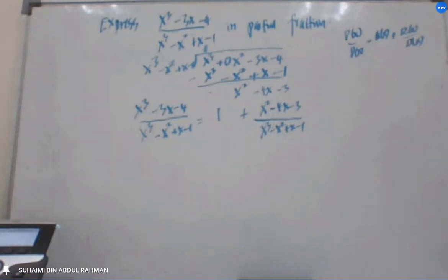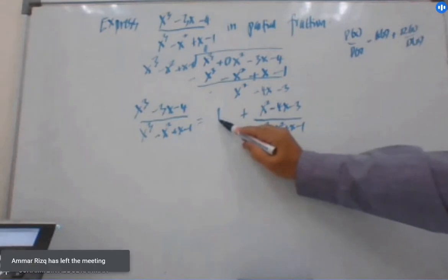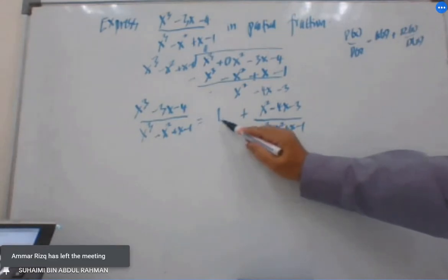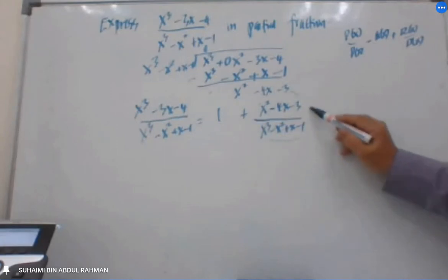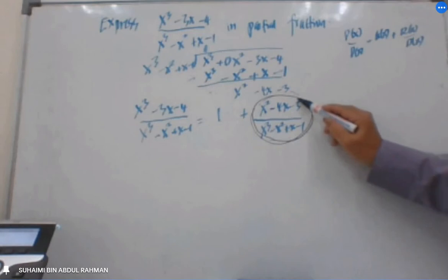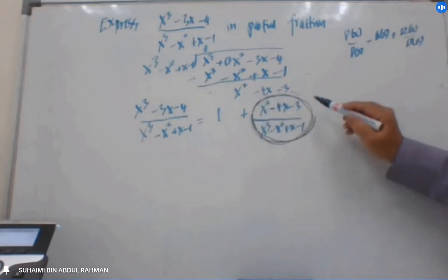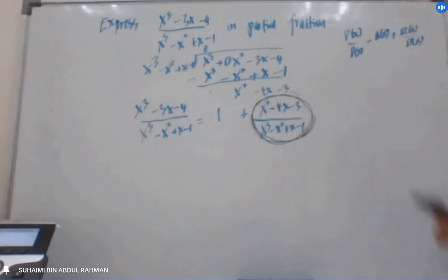Now what we have is one number, and this is a rational function again, this part, because it is a polynomial divided by a polynomial.